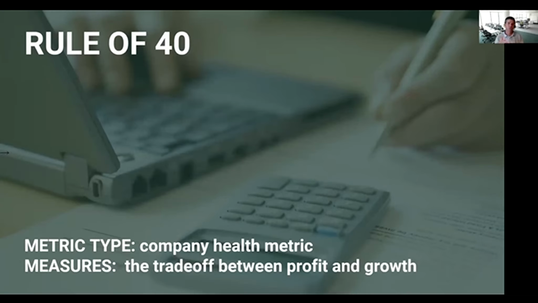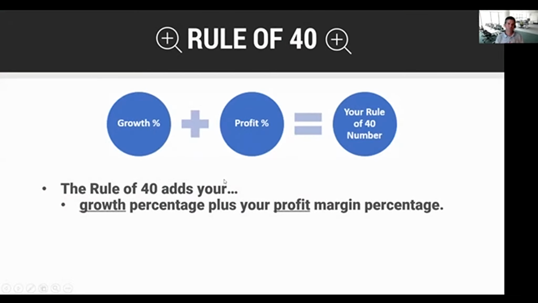Next, the Rule of 40: growth, great cash flow, and that's the point of the Rule of 40, a health metric. It's the trade-off between profit and growth. The Rule of 40 is pretty simple. It's our growth percentage, which can be total revenue or recurring revenue, plus our profit percentage, equals our Rule of 40 number.